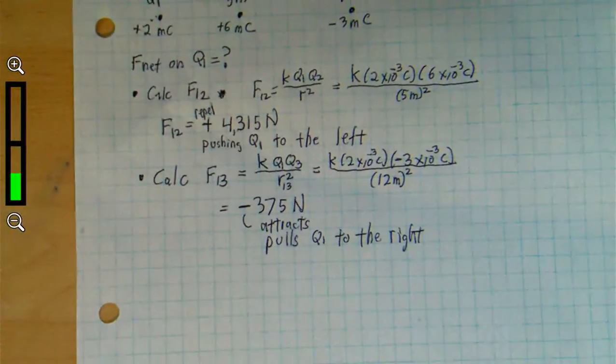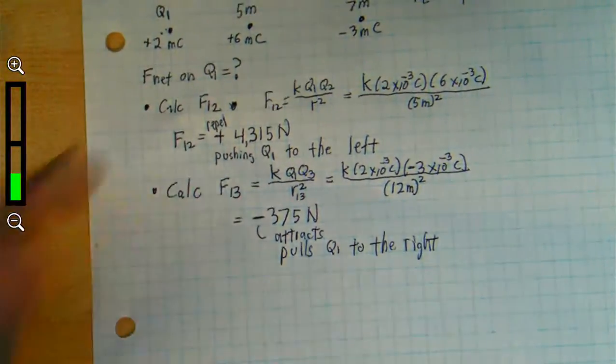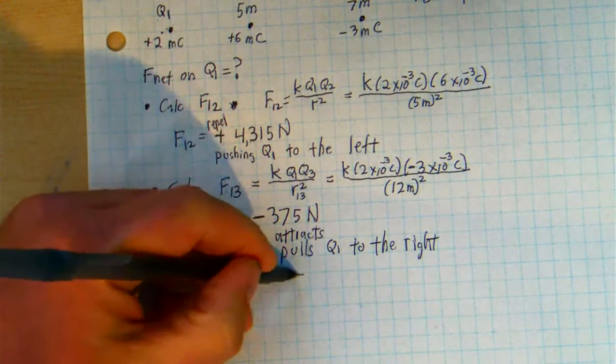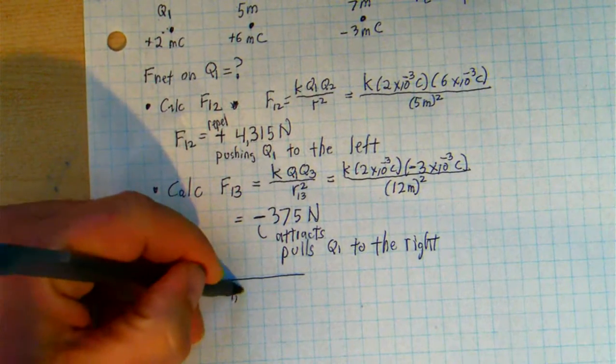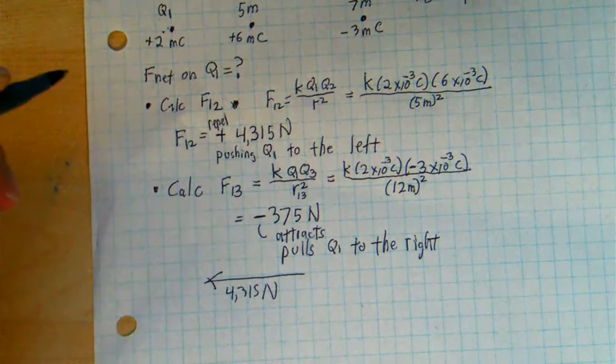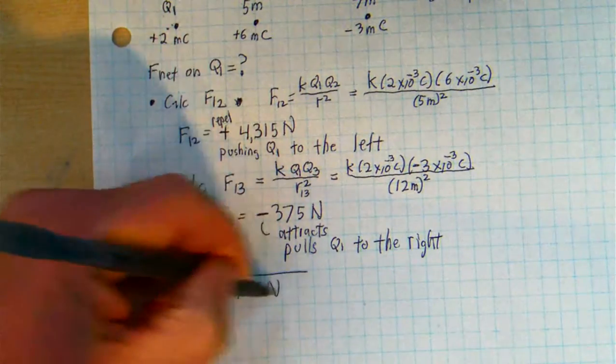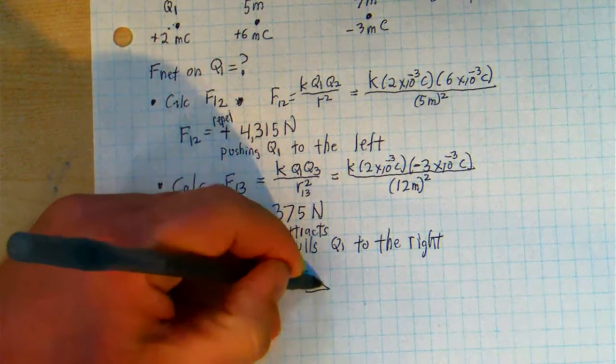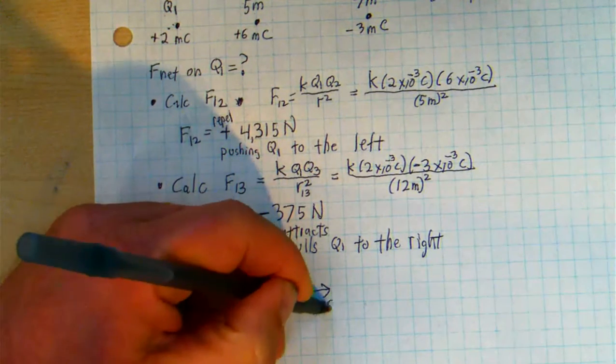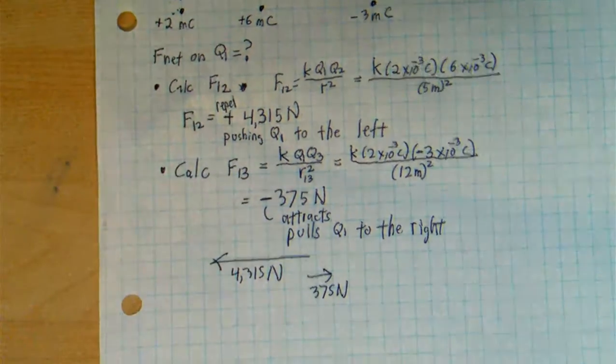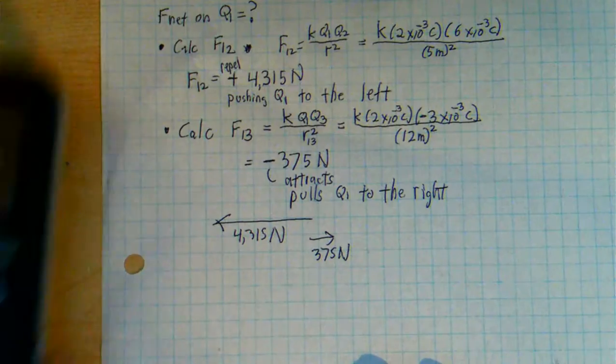Okay, so now, next step, I combine these forces. I've got 4,315 newtons pushing it to the left. I have 375 newtons pulling it to the right.